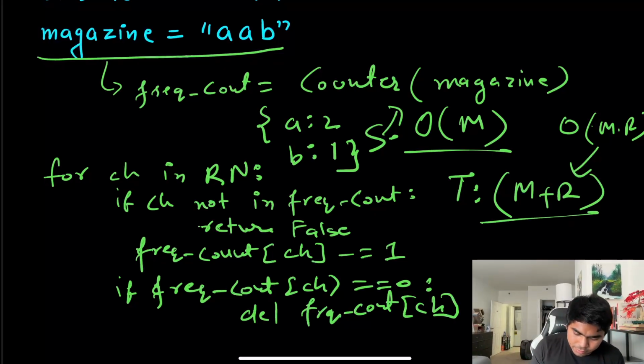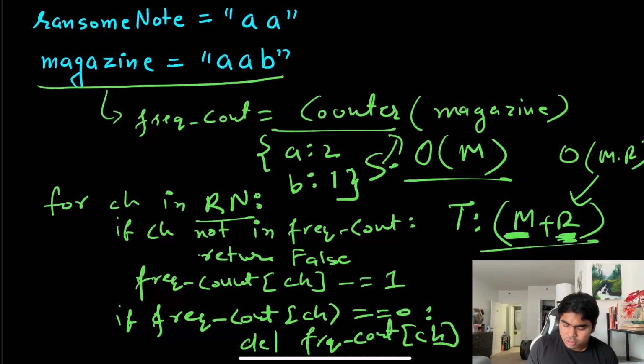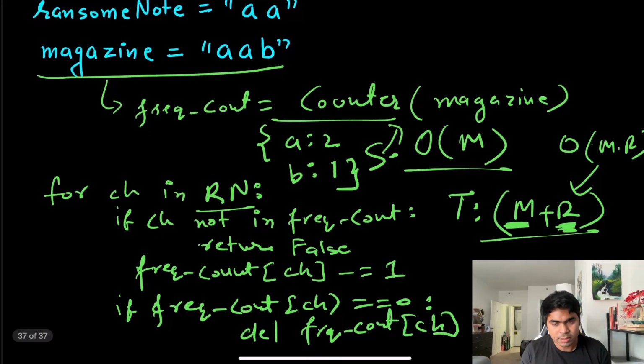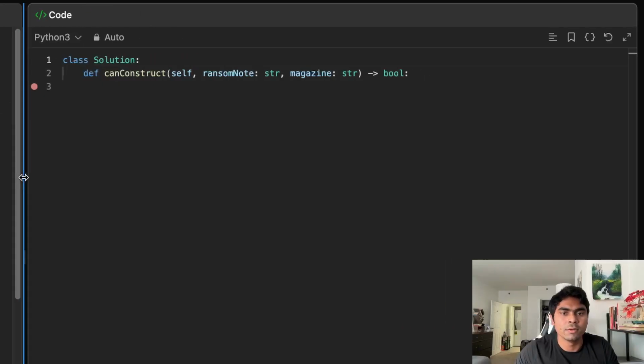That's because using the Counter to create the frequency count takes O(M), and then going over the ransom note characters takes O(R). M and R are the lengths of the strings of the magazine and ransom note. So this is an easy peasy solution. We are doing it for the sake of practice writing our code.